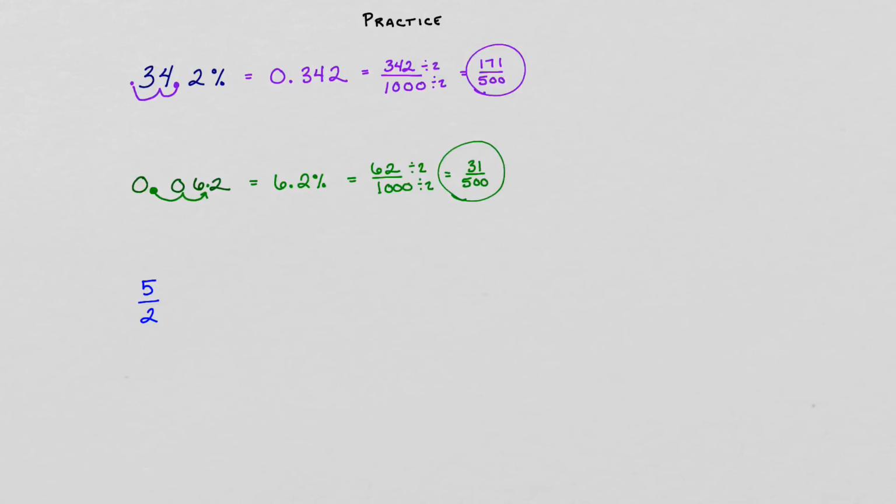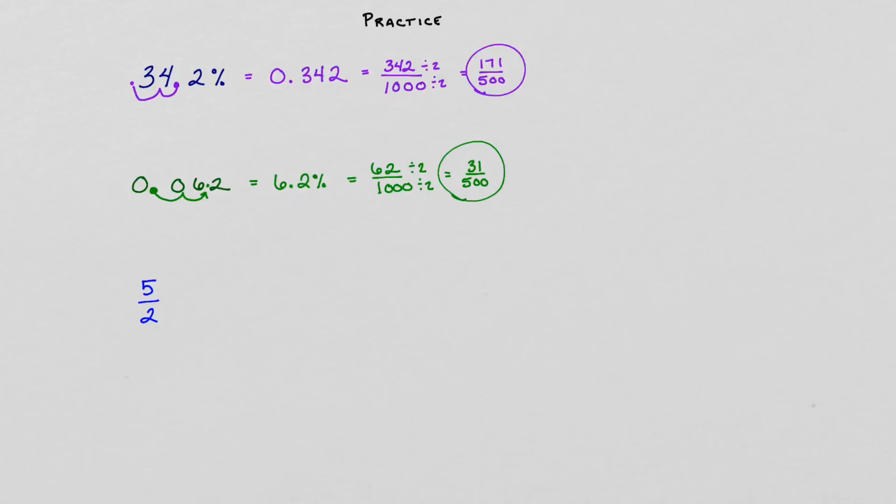For our third problem, we have 5 halves, and we want to present this both in a decimal form and in a percentage form. So the first thing that I'm going to do is fall back on one of the tips that I had shared earlier, and rewrite this fraction so that it has a denominator of 100.